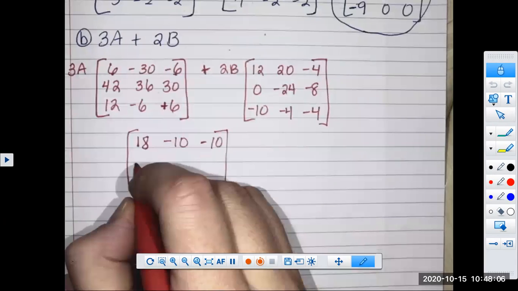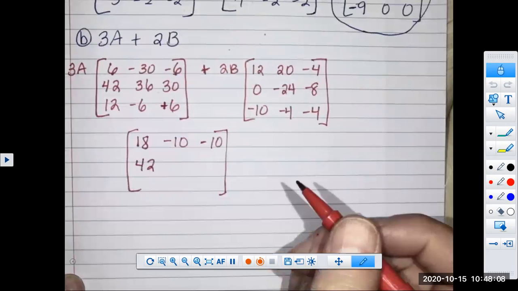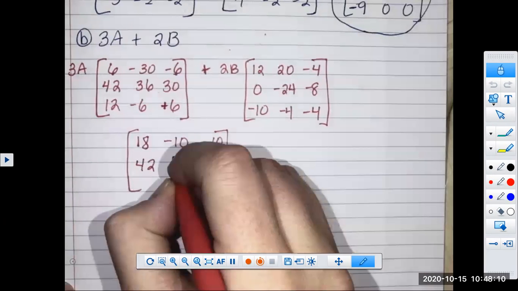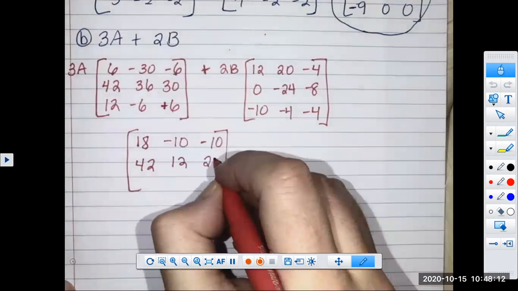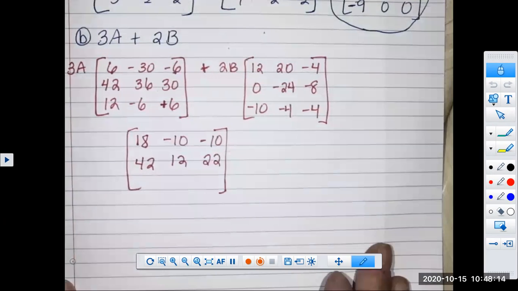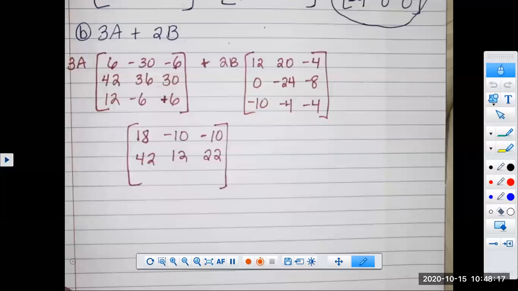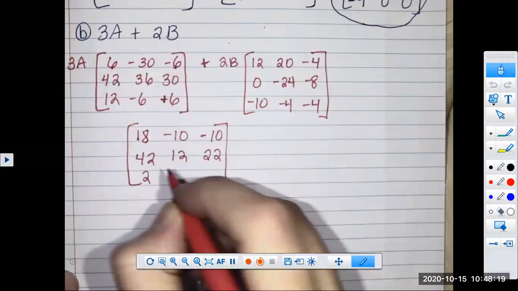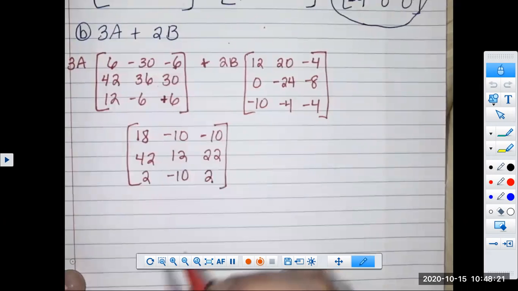And then the third row, you get 42, 12, 22, and 2, -10, and +2.